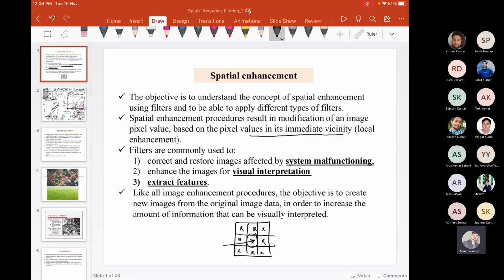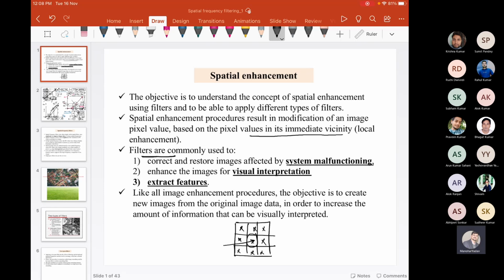Pixels in immediate vicinity to the seed pixel or input pixel are also considered. We call it local enhancement, and the operators we use are called local operators. We have various filters to do this, keeping in mind that using filtering we want to enhance the visual quality of image.